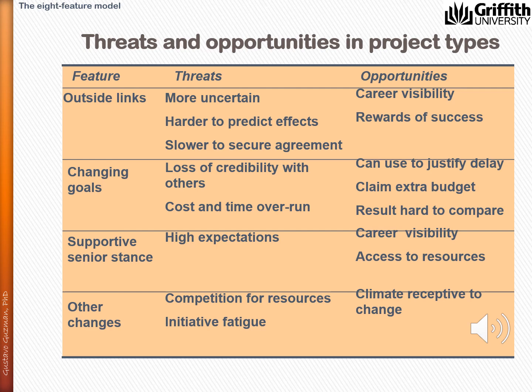The opportunity is that you can justify delays and claim extra budgets because the goals have changed. Regarding supportive senior stance, they may have higher expectations regarding the development of the project. This opens the opportunity to access additional resources.